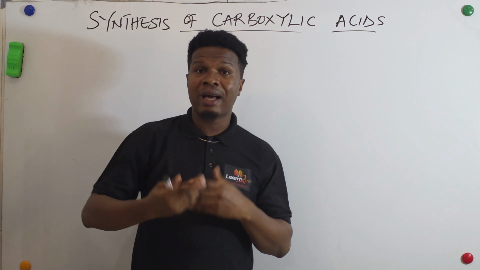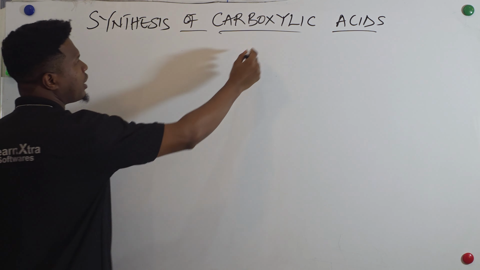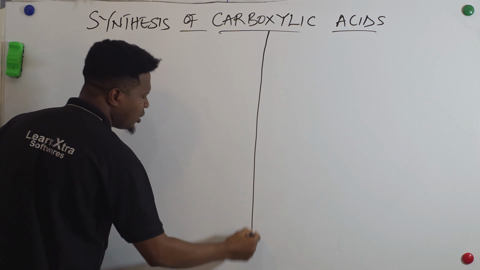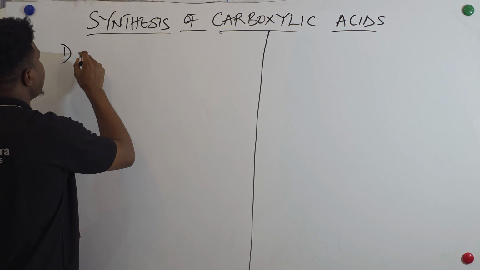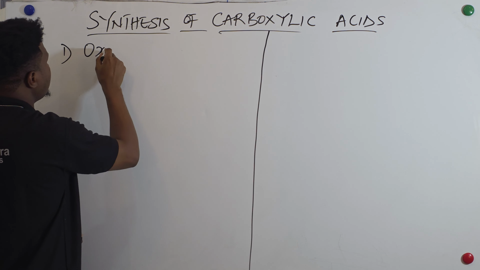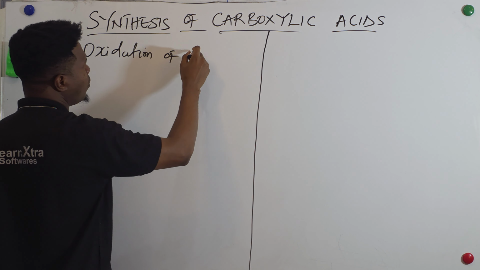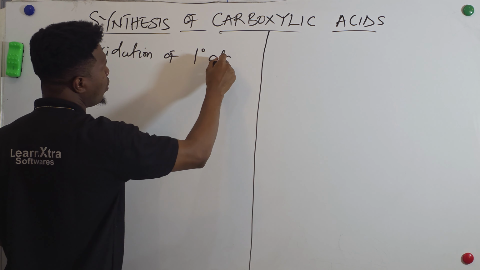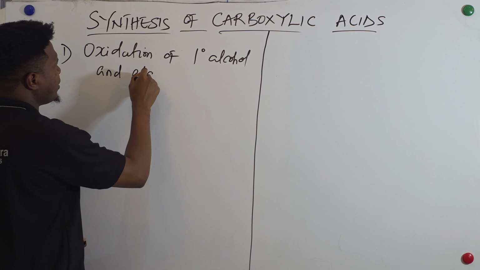We have done this when looking at reactions of alcohols. Let's look at the first method: oxidation of 1 degree alcohol and aldehyde.